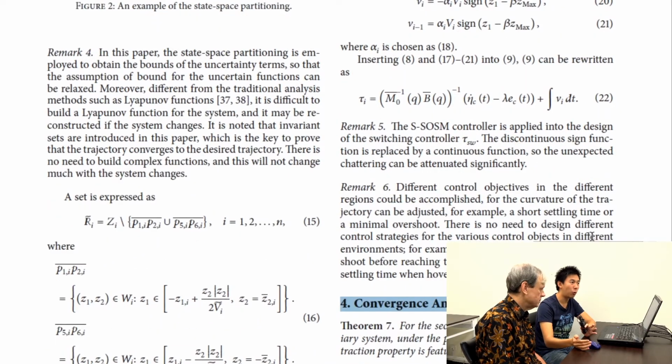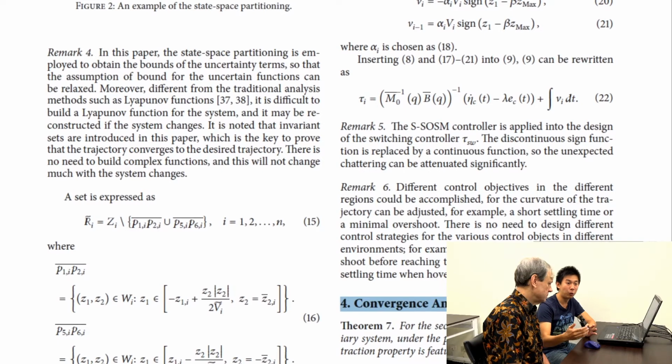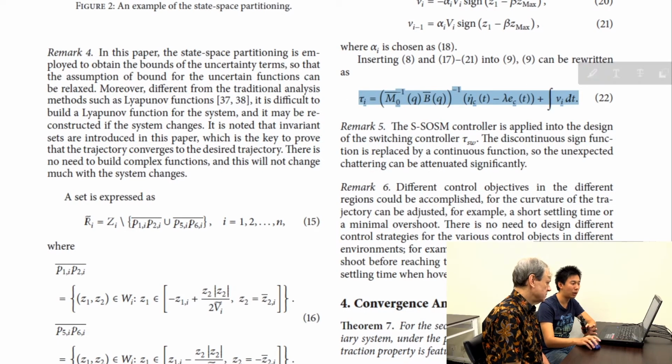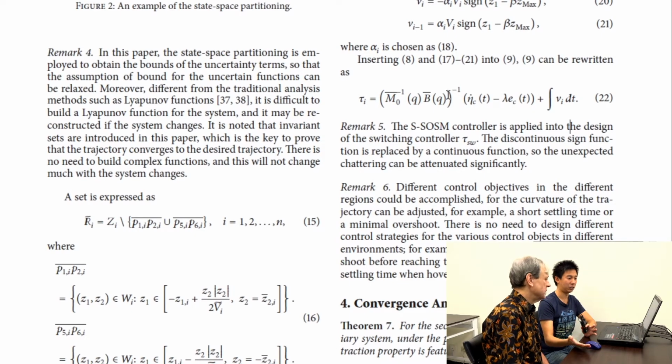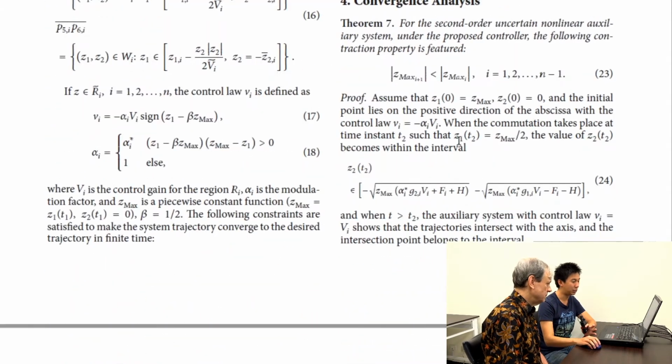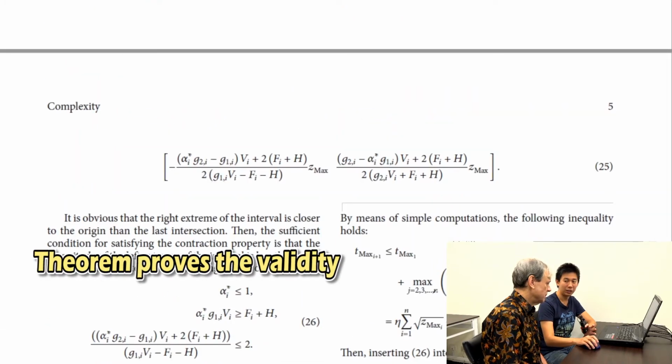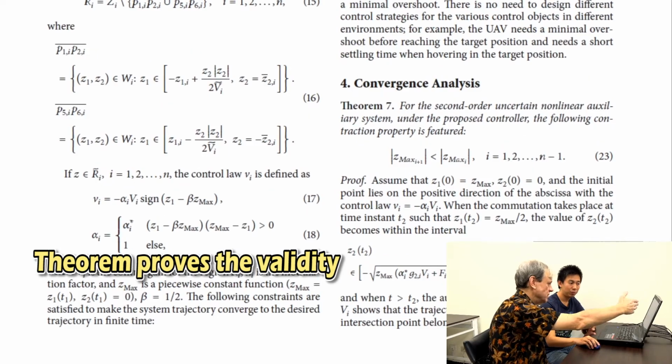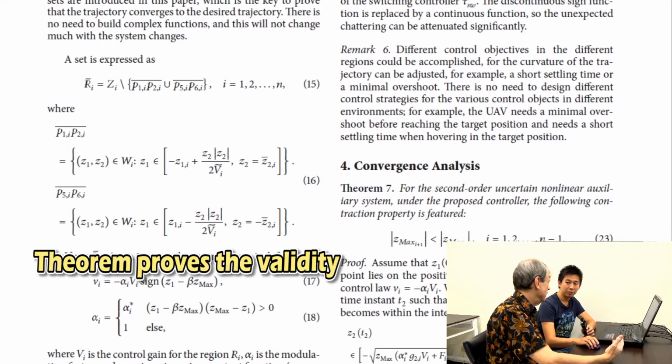This section is quite special in my field because it is trying to guarantee and show you how this will work in practice. Because sometimes, when we get this kind of technique or result, someone asks, how do you guarantee that this will work in practice or in the experiment? And this will show you why, in terms of mathematics. So the theorem is what proves, in this case, the validity of the method.